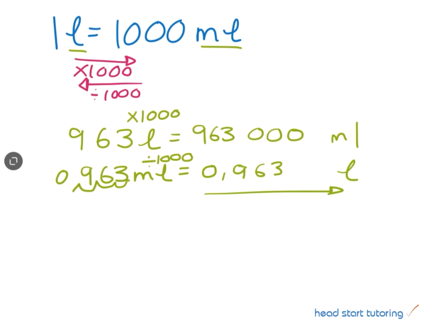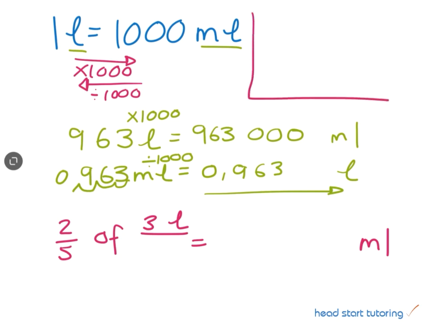If I would like to work out what 2/5 of 3 liters is equal to in milliliters, what I need to do is convert my 3 liters into milliliters, which is equal to 3,000 milliliters, and then I work out here 2/5 of, or times 3,000 over 1.